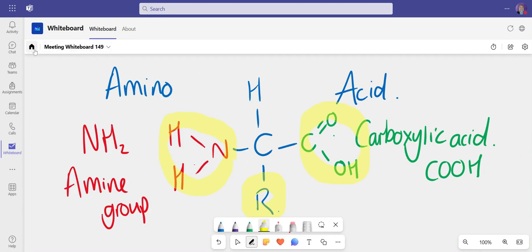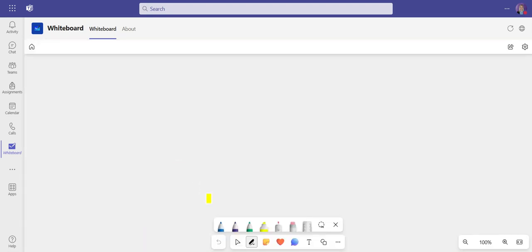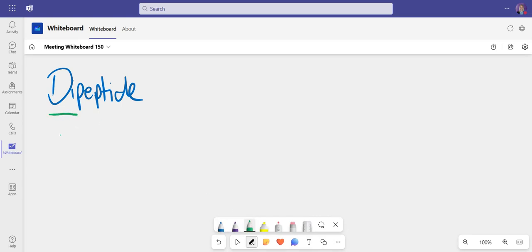When 2 amino acids join together, we call that a dipeptide. We've looked before at how the prefix di means 2, so it's 2 amino acids. You have to know how those 2 amino acids bind together.